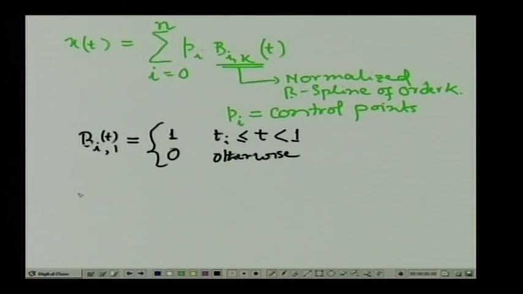And then we can find out b_i,k(t) using the relation.